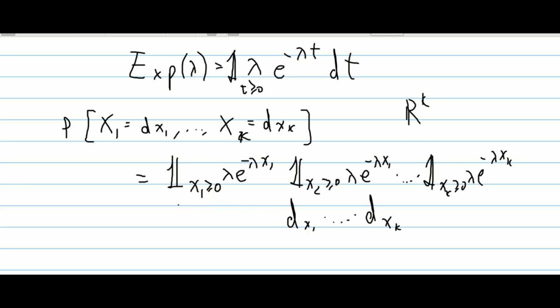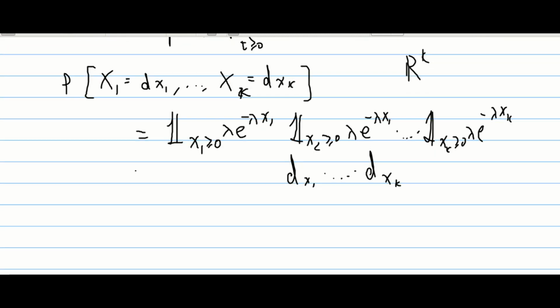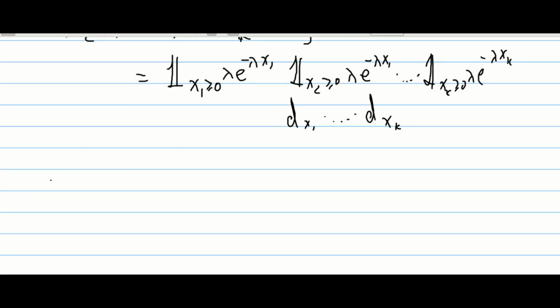And the fact that we have a density for x gives us the density of t actually. So let us see how this goes. Given a k, a number of variables that we are observing, what's the density of t1, t2, all the way up to tk?